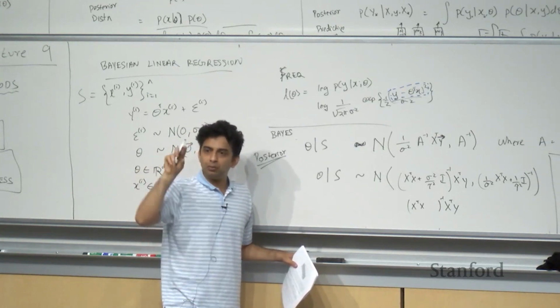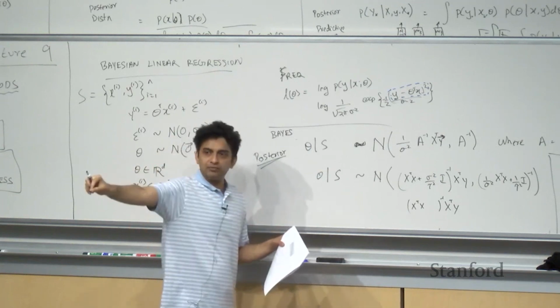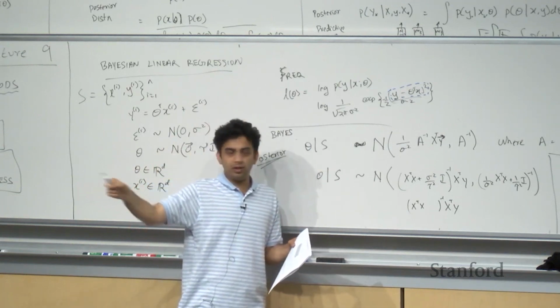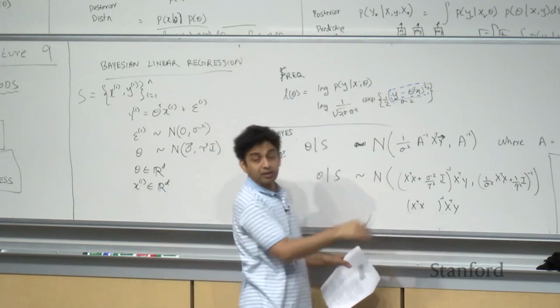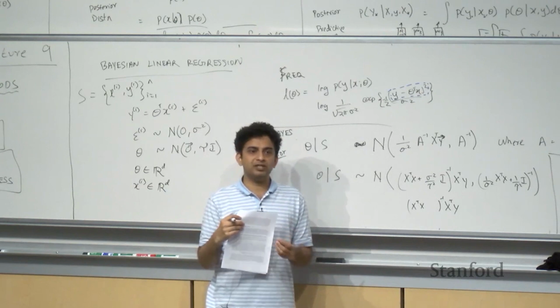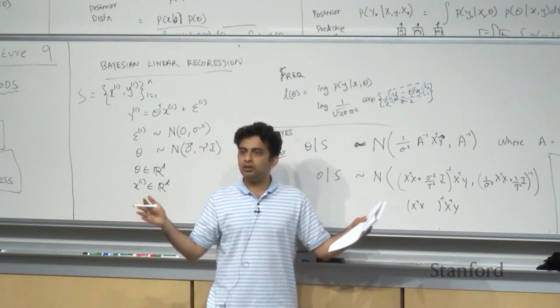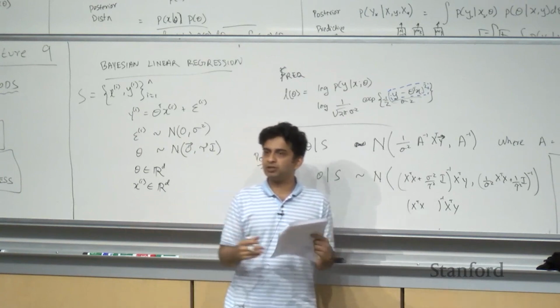So P of y given x will also be pretty concentrated. Whereas if your point is far away from where your training set was, then naturally the posterior predictive distribution will also have a high variance. That's one of the benefits of Bayesian approaches: you get uncertainty estimates for free, because you're estimating the full distribution of parameters and predictions.